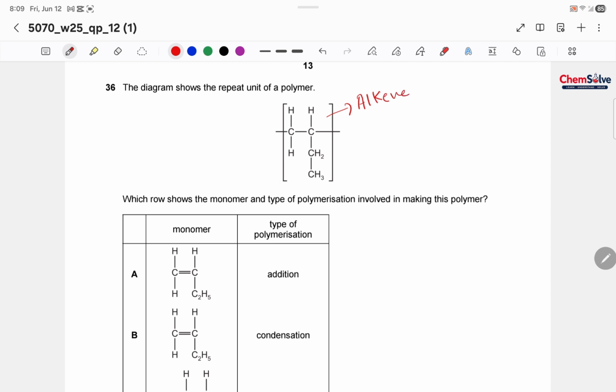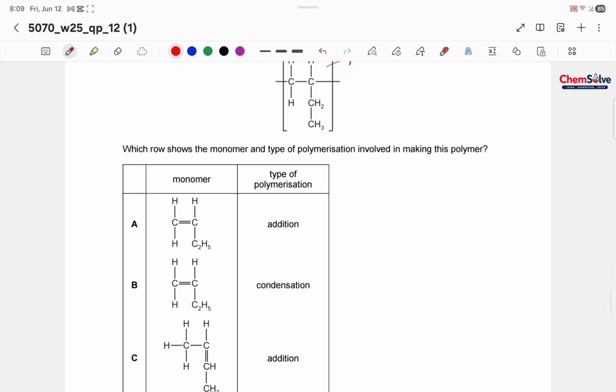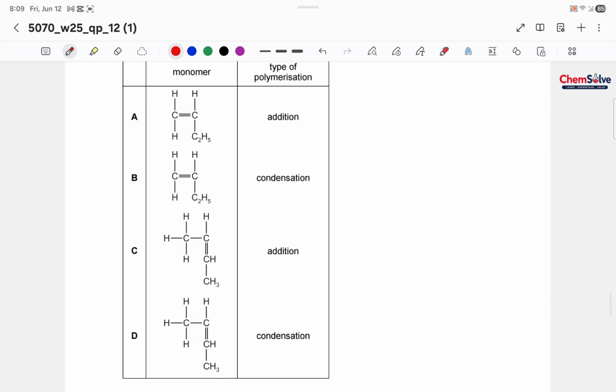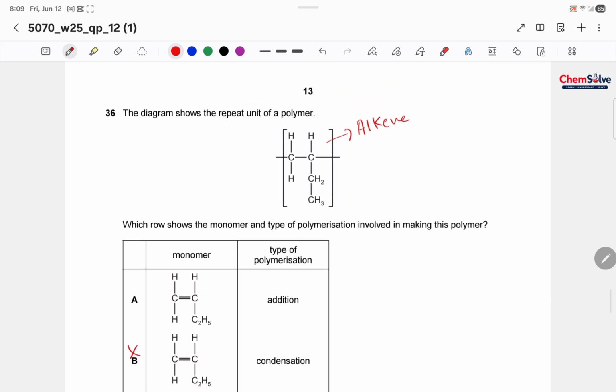So when alkenes are polymerized, this reaction is addition. This polymerization is addition polymerization. So keeping this in our mind, of course B and D couldn't be our option. We have to choose between A and C.